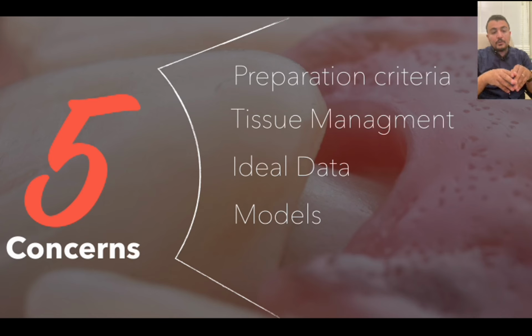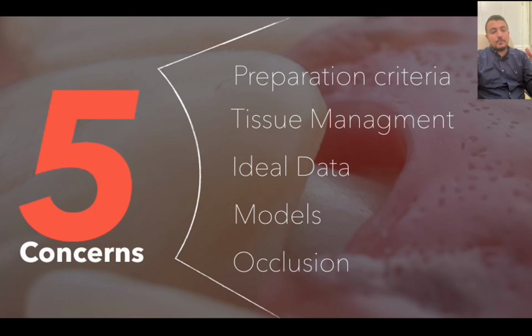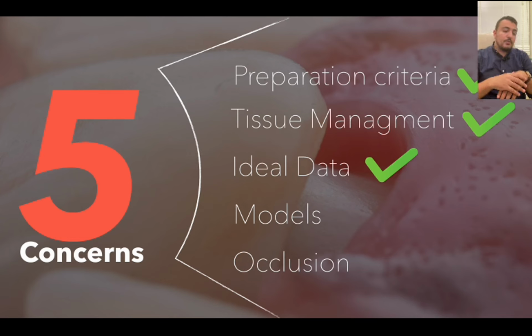Models, are we still needing models or not in the digital protocol? And finally, the occlusion. We already discussed in the last webinar the PEP criteria and also the tissue management and how to achieve hemostasis before scanning, and also how to capture the ideal data required for a very nicely seated prosthesis without any interferences along the path of insertion, or without any interferences to the scanning protocol.